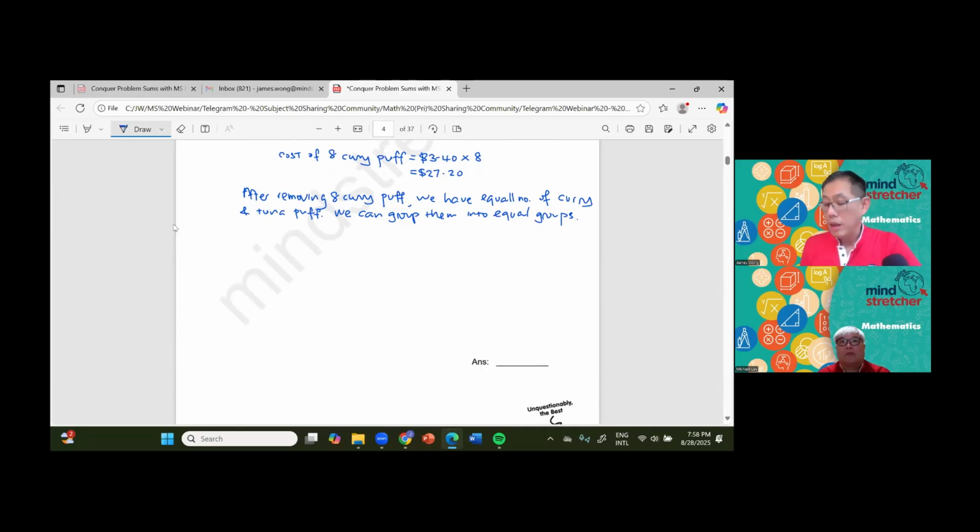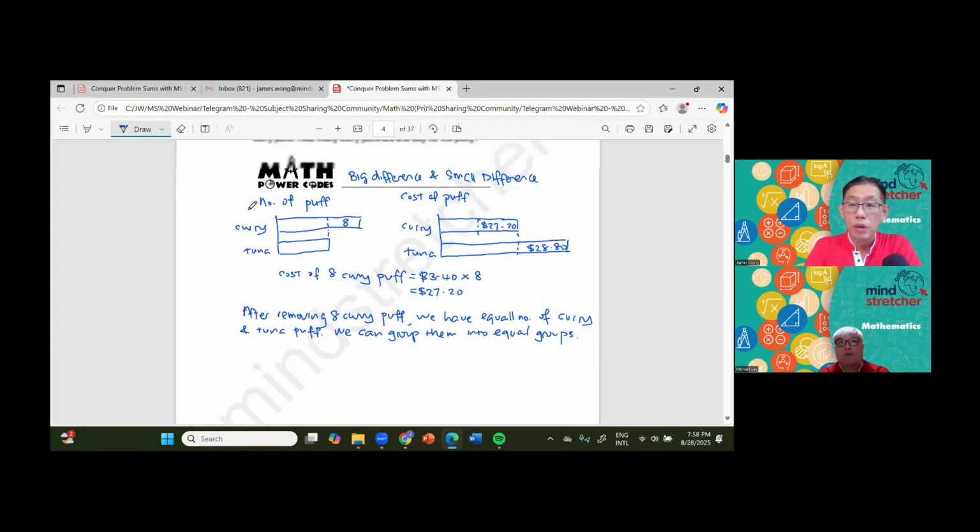With this, I will be able to know the big difference in the price of the total amount that I spent. From the model that I've drawn here, can you see? If I didn't buy these 8 curry puff, the equal number of curry puff and tuna puff will result in a difference of how much?